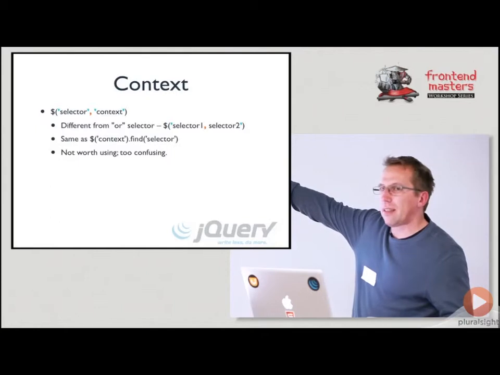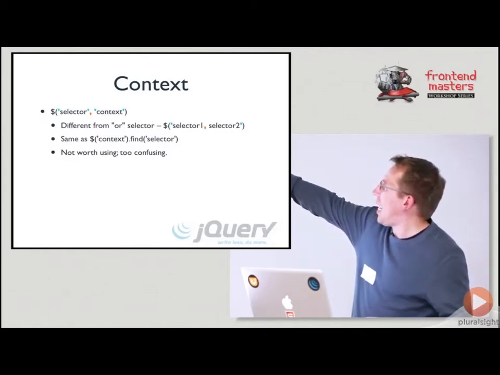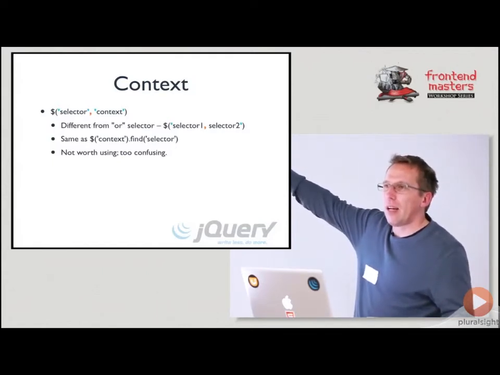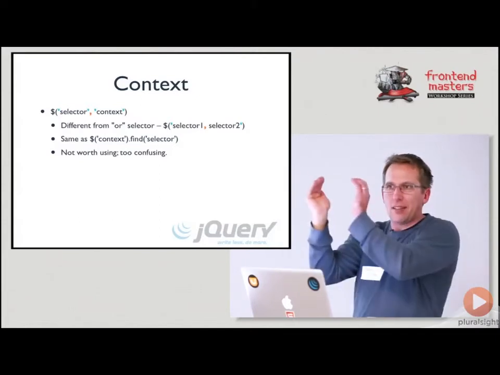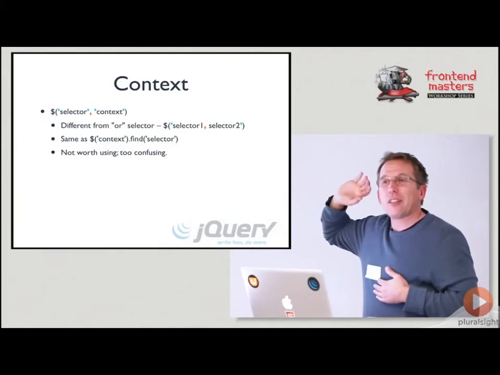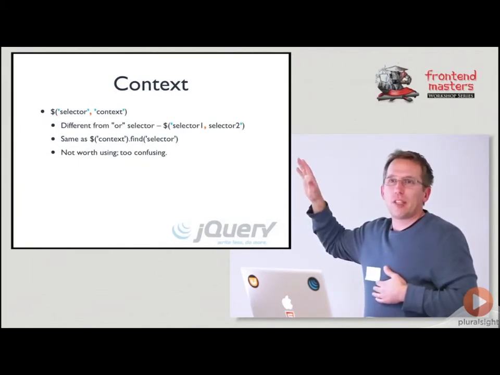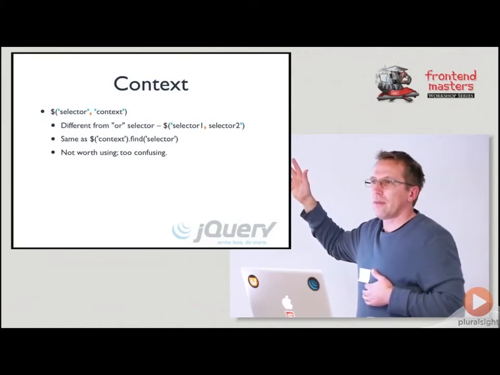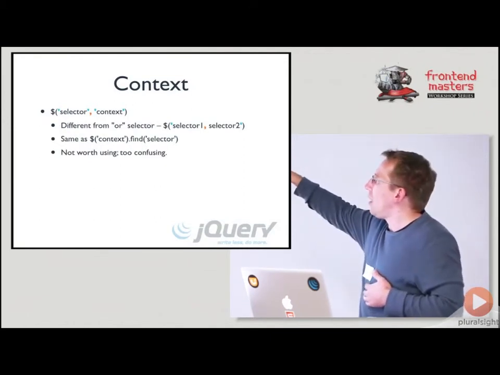jQuery also has this notion of a contextual selector as a second argument. So far, everything we've been seeing has been with one argument inside that dollar function, right? Here we have two. I would say don't do it. You don't need it. Don't use the second argument.